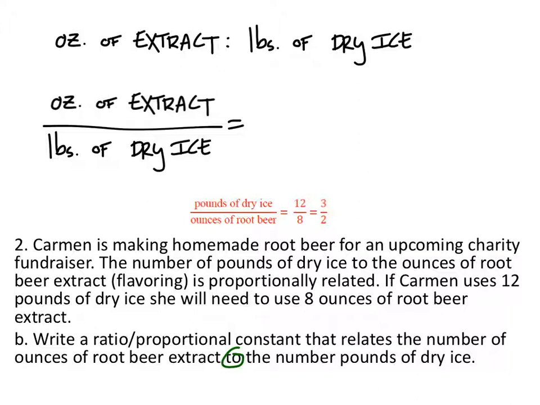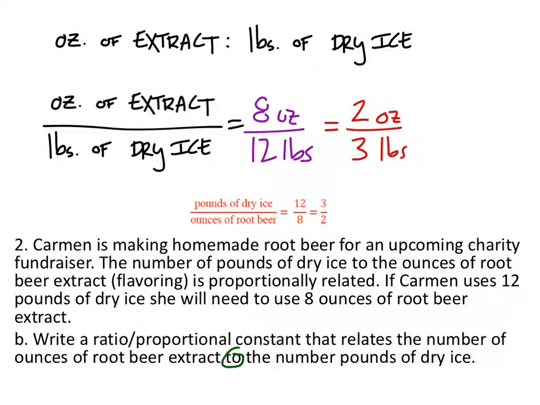Okay, so ounces of extract on this one, we already know that it's 8 ounces of extract for 12 pounds of dry ice. And we've already seen the simplified form of this. If we divide both of these by 4, then we should get 2 ounces for 3 pounds. All right, so we have the two different ratios which we'll be comparing and using in the problem.